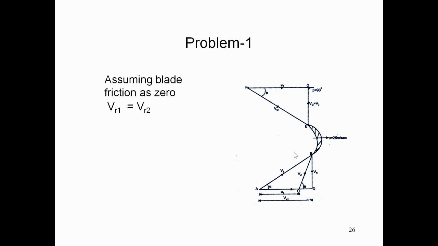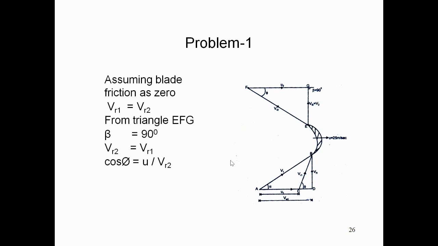From triangle EFG, beta is equal to 90 degrees and VR2 is equal to VR1, and cos theta is equal to U by VR2.